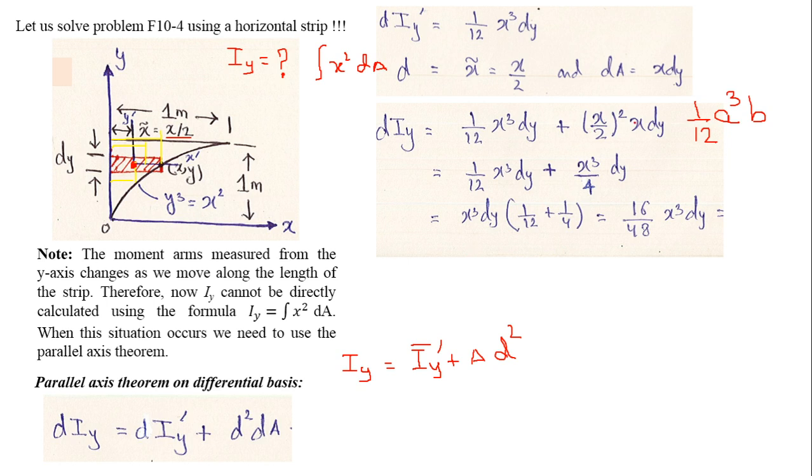So this will become x cubed upon 4 dy, and this will become x cubed dy, and you can take x cubed dy common to write 1 by 12 plus 1 by 4.